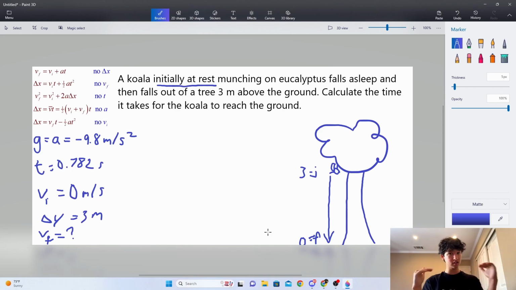So the acceleration is constant, but the velocity is increasing over time. So we want to know the greatest velocity it reaches right before it hits the ground. So that's what final velocity is. Final velocity is not when it hits the ground, it's right before it hits the ground.